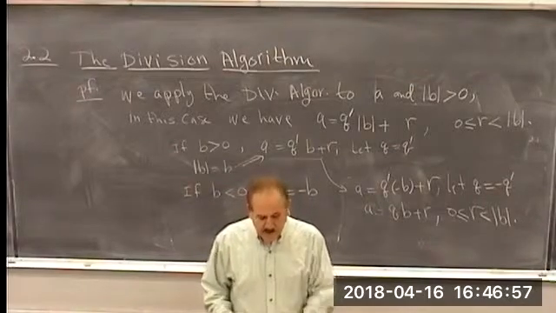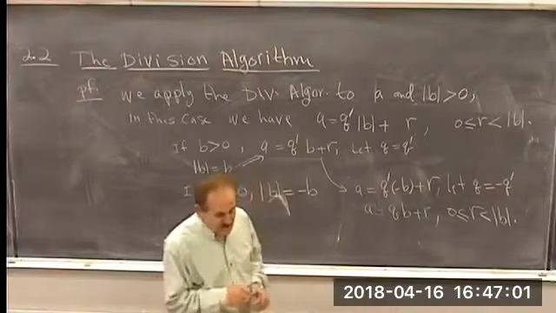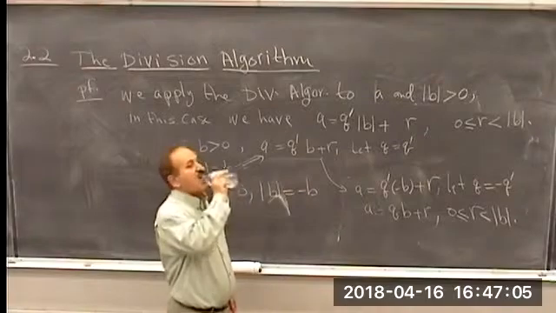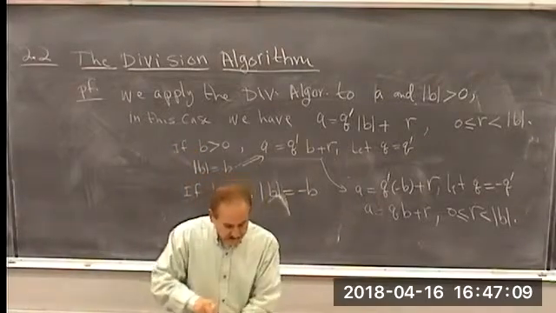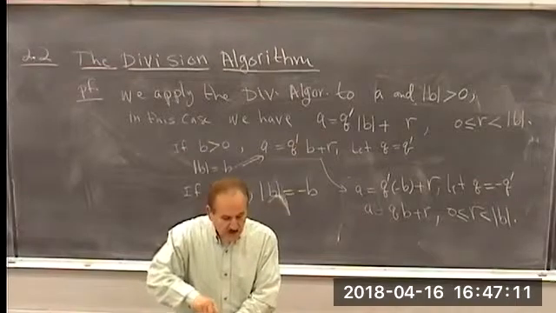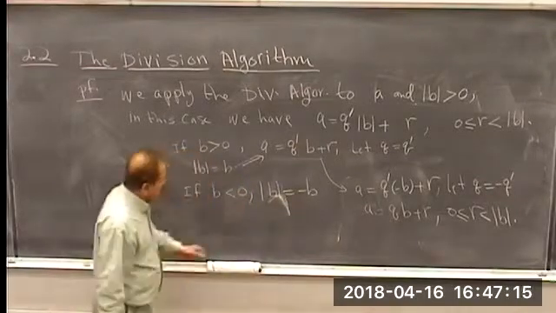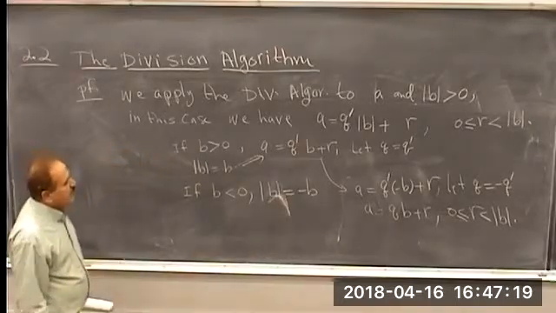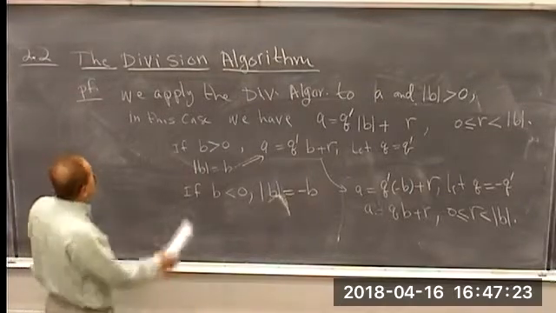All right. Our next objective is to look at some of the applications, some simple applications at this stage, of the division algorithm. We know that integers can be characterized in a variety of ways. One way is even, odd, okay?